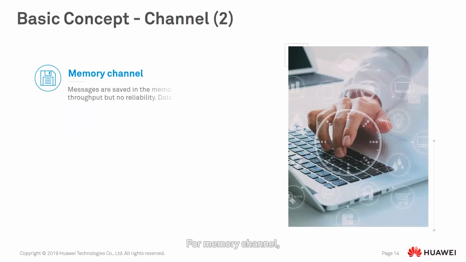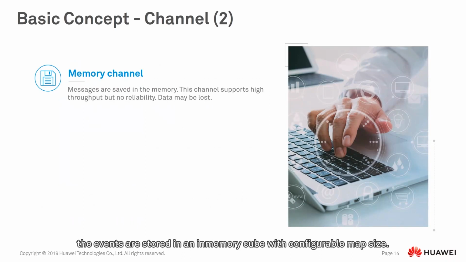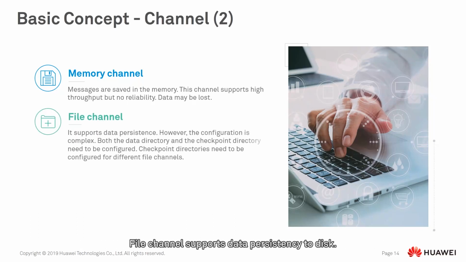For a memory channel, the events are stored in an in-memory queue with configurable max size. It's ideal for flows that need higher throughput and are prepared to lose the staged data in the event of an agent failure. File channel supports data persistency to disk.